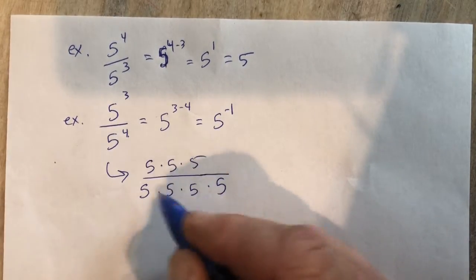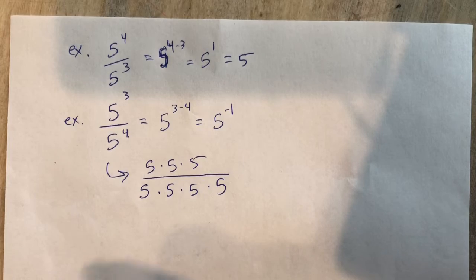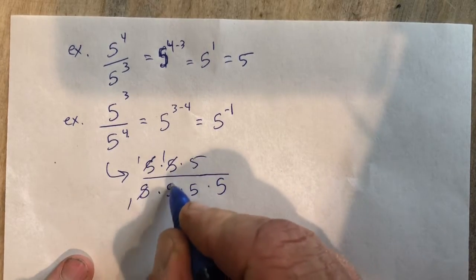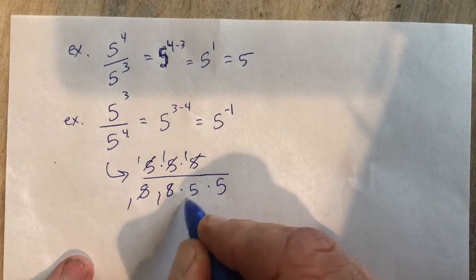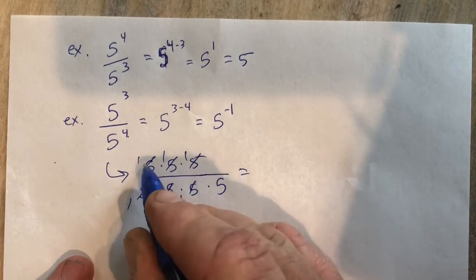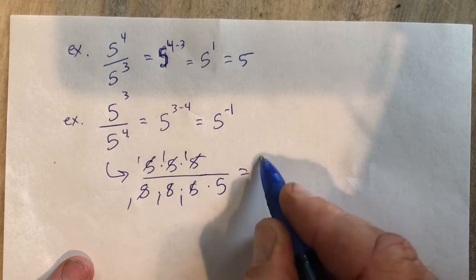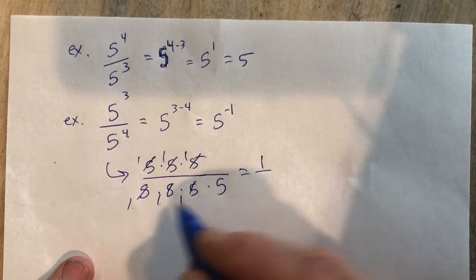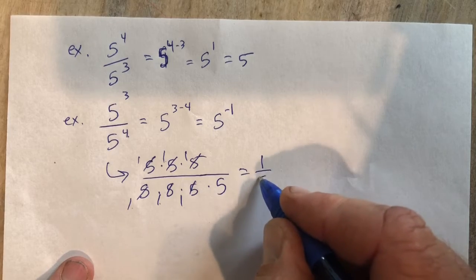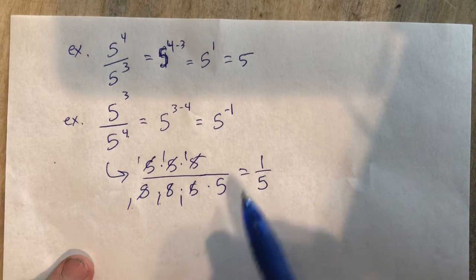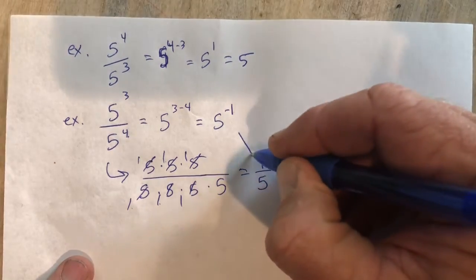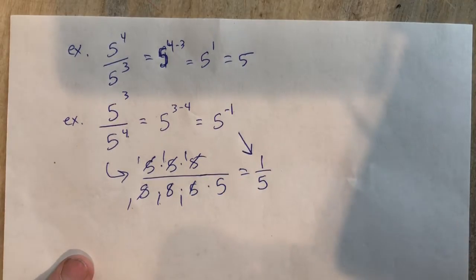So if we were to divide all these 1 by 1, what would we end up with? That's 1 over 1, 1 over 1, 1 over 1. 1 times 1 times 1 is 1. 1 times 1 times 5 times 1 is 5. So what we end up with is that 5 to the negative 1st power is actually 1/5.